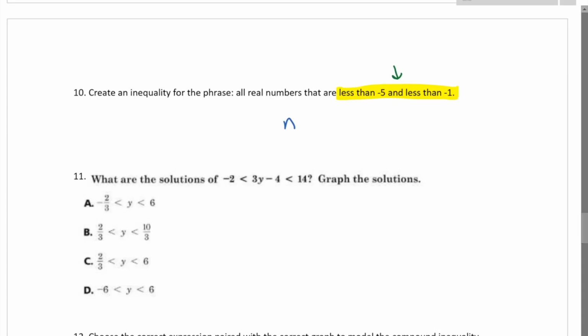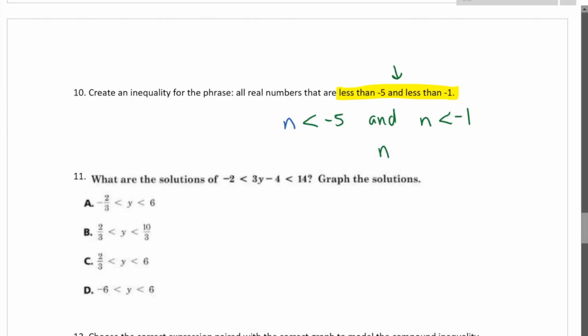So there's a couple ways I can do this. We can do n, all real numbers are less than -5. So the less than sign would be this way, -5. And n has to be less than -1. So I could do it like that, or I could also do it like this.